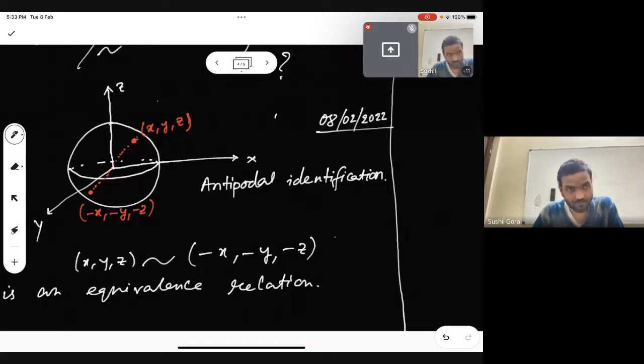So why don't we just look at the upper hemisphere and the boundary circle in the xy plane?